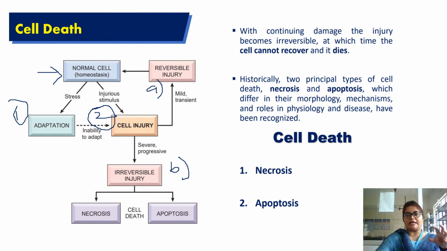If the cell is undergoing any stress, it leads to adaptation. If the cell is not able to adapt, it goes to cell injury. And from a normal cell also, if there is any injurious stimulus, it may cause cell injury.